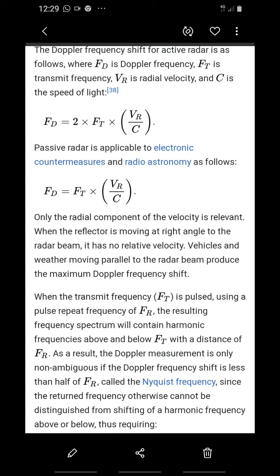FD is equal to 2 into FT into VR by C. Passive radar is applicable to electronic countermeasures and radio astronomy as follows. FD is equal to FT into VR by C.